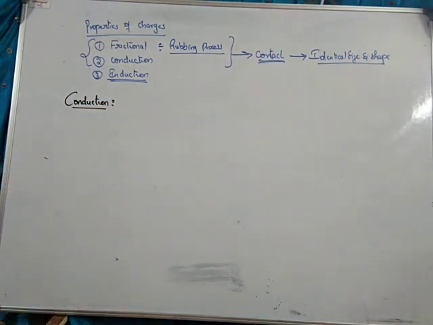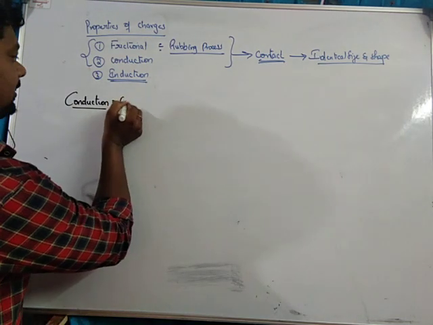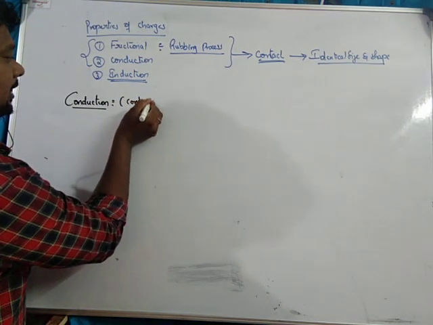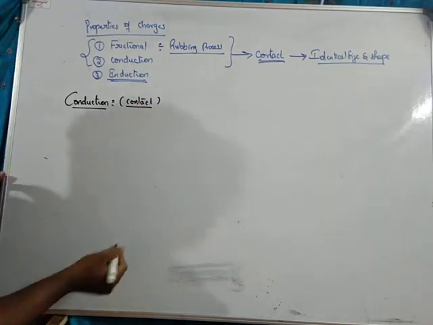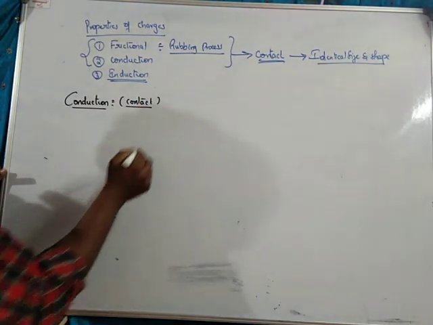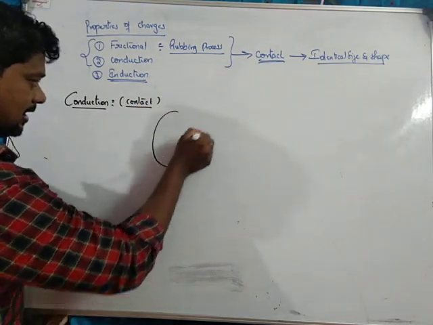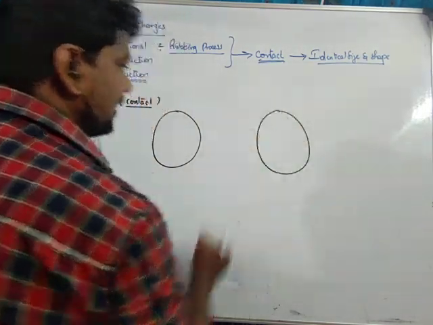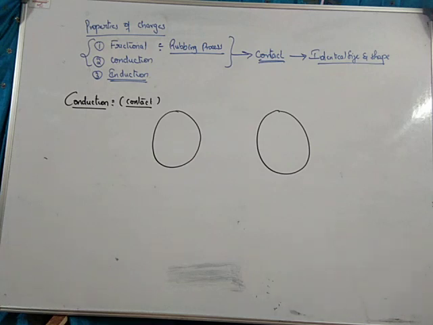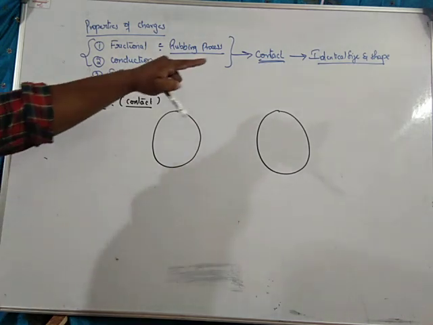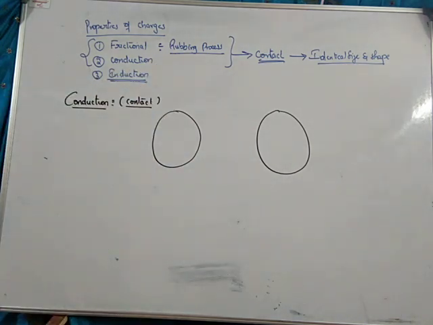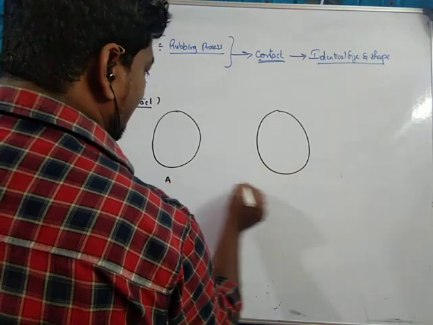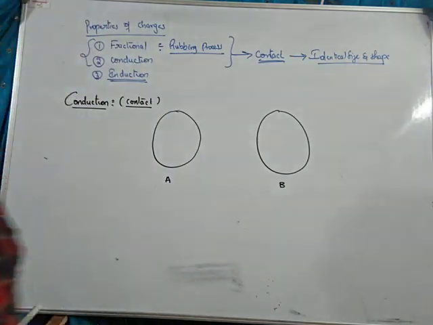To define the process of conduction, we first need a contact. It's a type of contact force. Now we consider atom A, atom B, and the first consideration: they should be of identical size and shape. So we consider A and B are identical in size and shape.